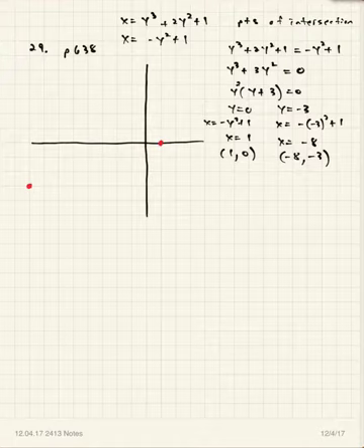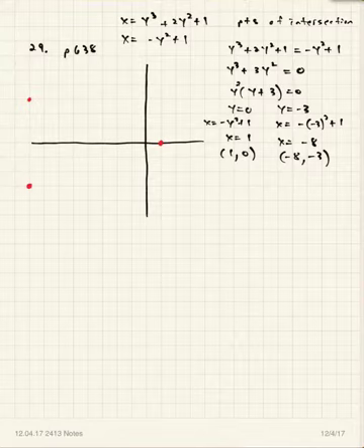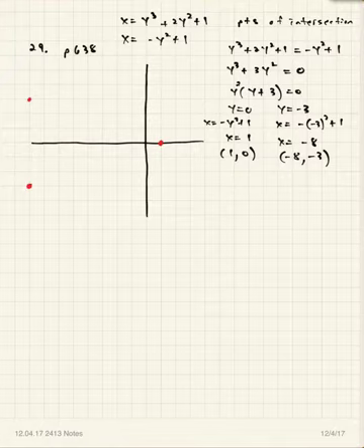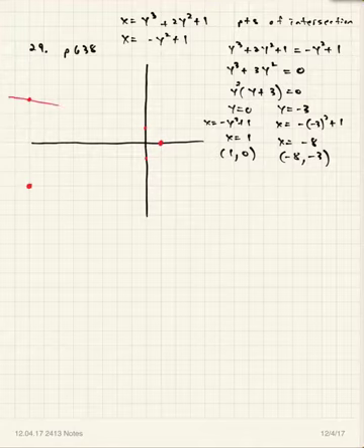So 1, 0 is the vertex for x equals negative y squared plus 1, and if you used y equals 3, you're also going to get negative 8 for that one. So here you get this graph, and we have intercepts there at 0, 1, and 0, negative 1.